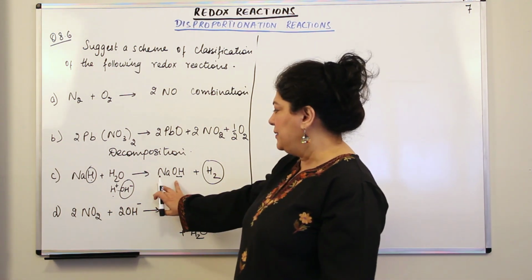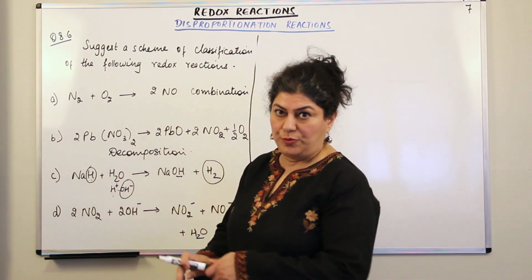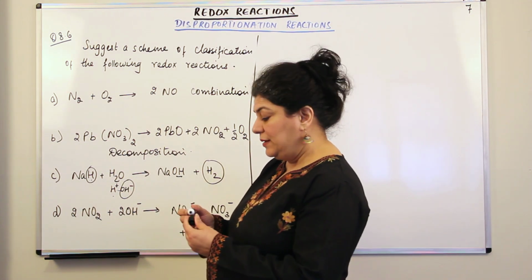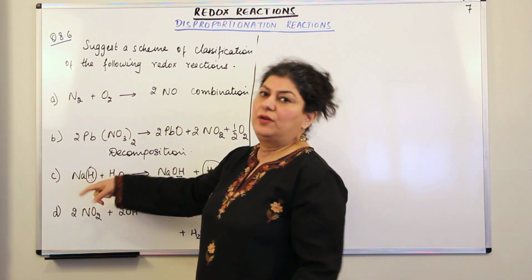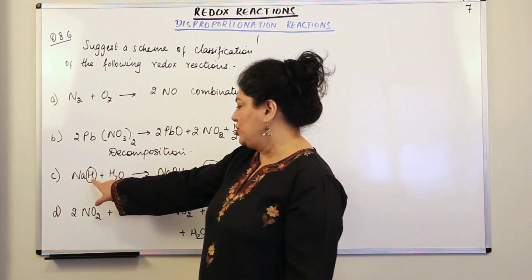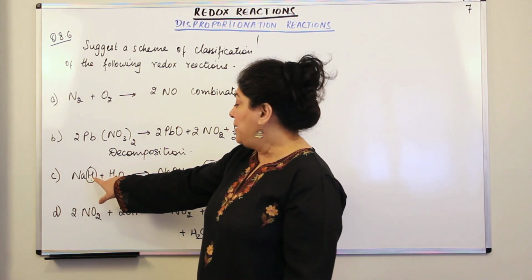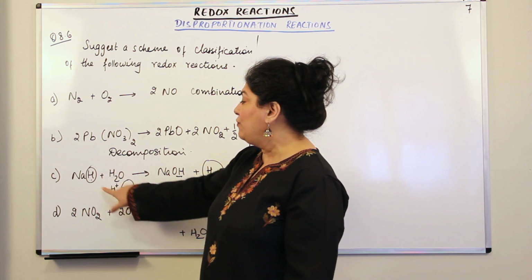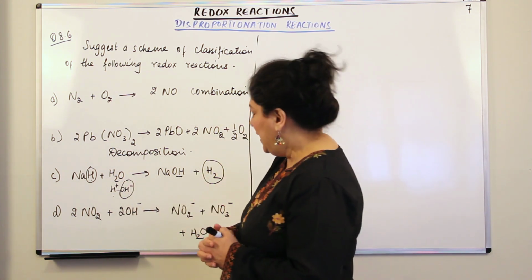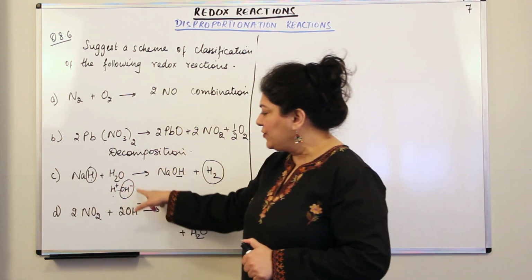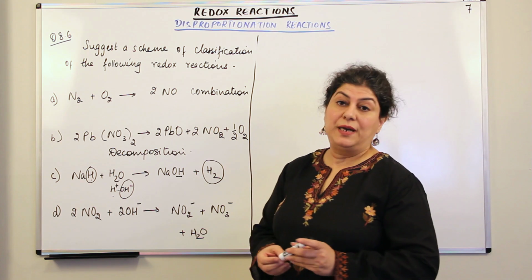So what has happened here? OH negative or OH from the water molecule has replaced H negative here, or the hydrogen here, because the H negative and H positive of water together would result in the formation of H2, which would be neutral. Anyway, not going into the charges, OH from here replaces the hydrogen from sodium hydride.